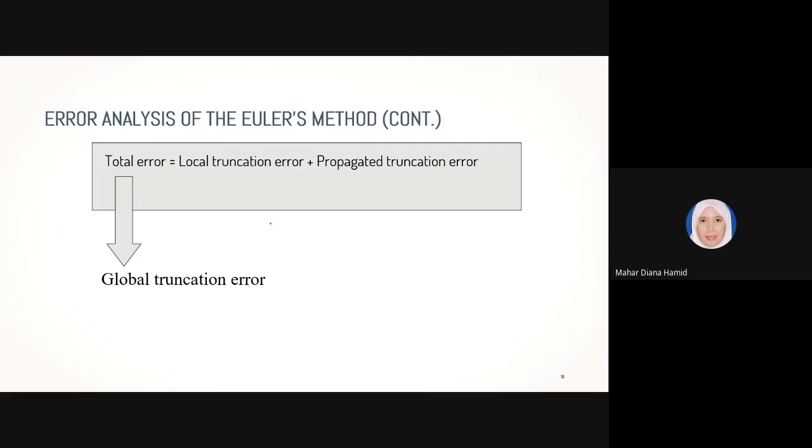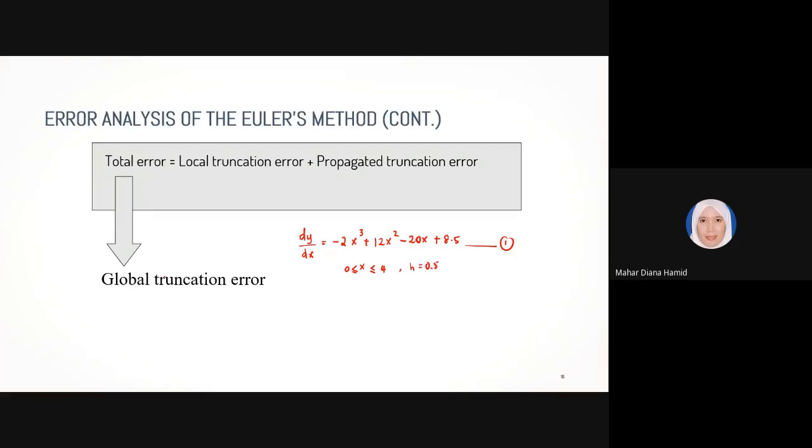So how do we calculate this? For example, if we refer to example number 1, it gives us the value of dy/dx as negative 2x, to integrate from x equals 0 to x equals 4 with h equals 0.5.